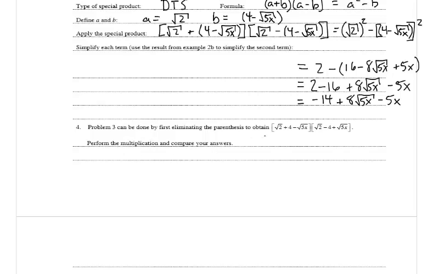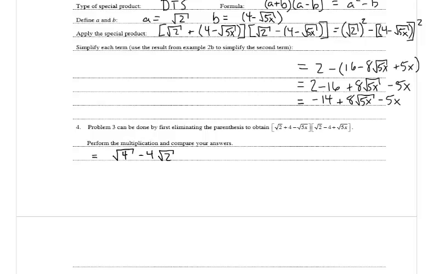So we're going to FOIL this out, and we have the square root of 2 times the square root of 2 is the square root of 4. And then we have the square root of 2 times negative 4 is negative 4 square root of 2.